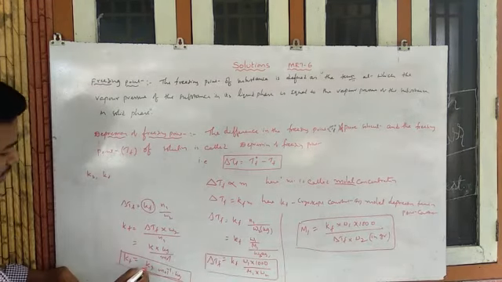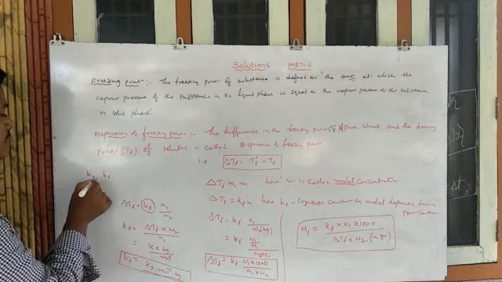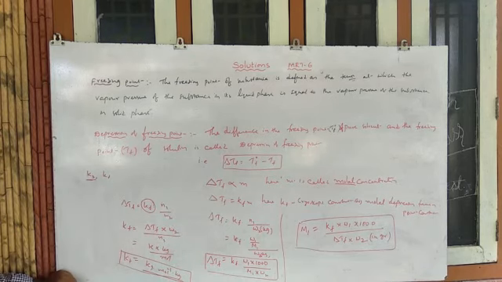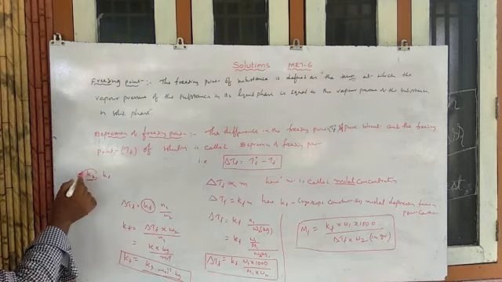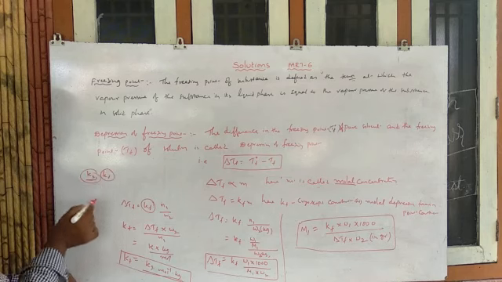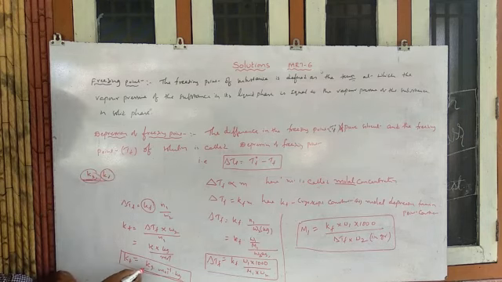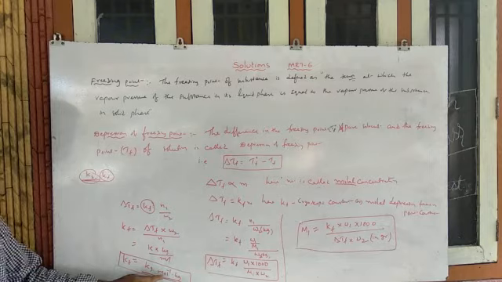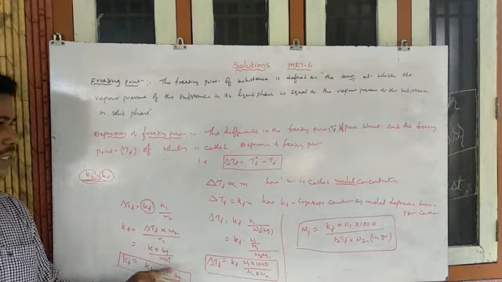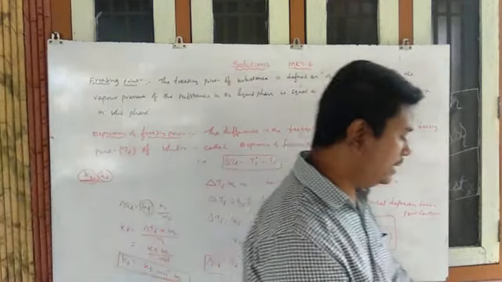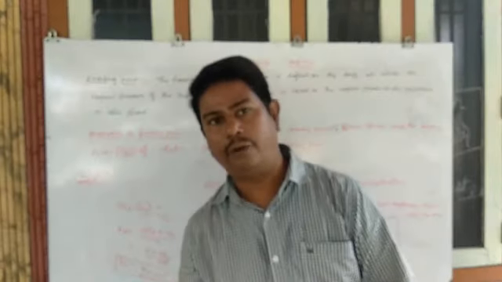The same unit applies to what we already discussed, the ebullioscopic constant. So the ebullioscopic constant as well as the cryoscopic constant both have the same units: Kelvin kilogram mole inverse. That is the depression of freezing point.